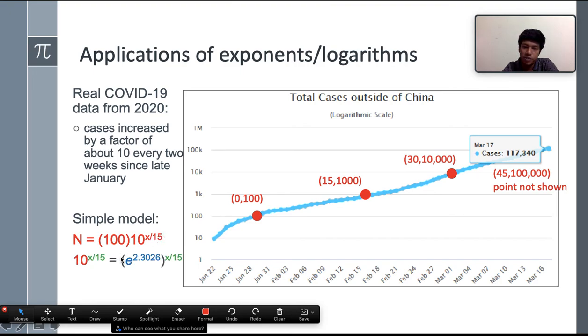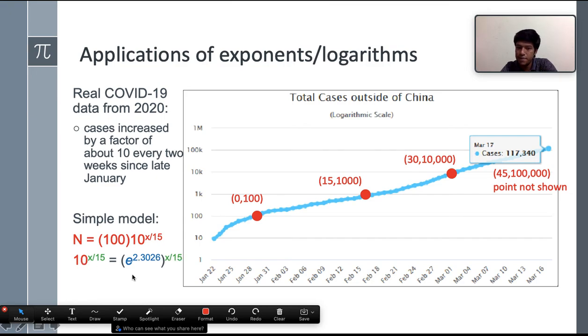We can actually convert it to its logarithmic function, to represent it by some e-related term, because e looks nicer. So 10 to the power x by 15 is equivalent to e to the power 2.3026 times x by 15.